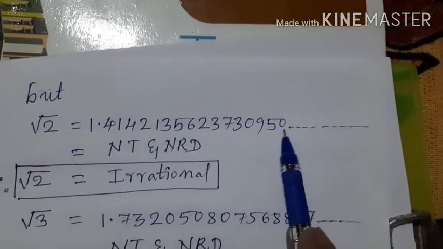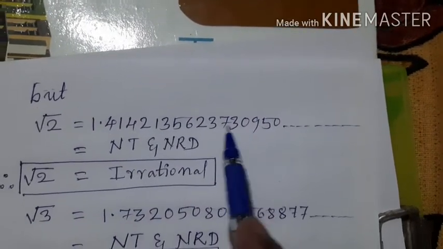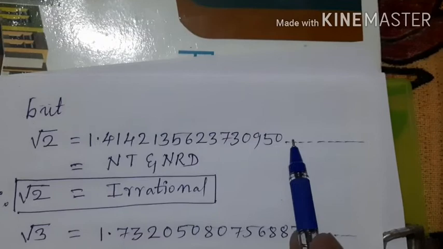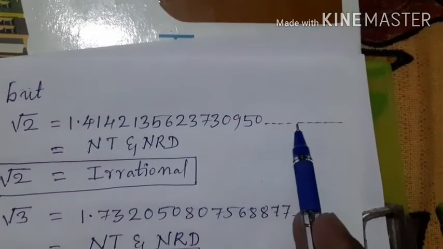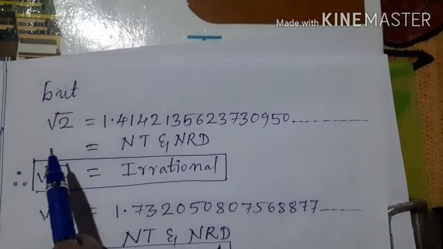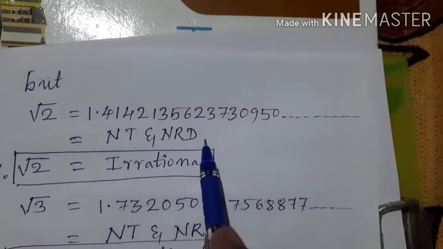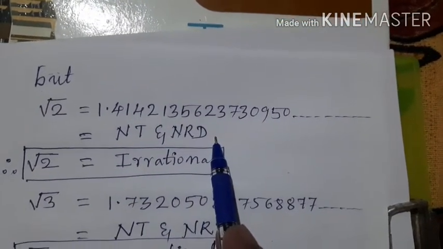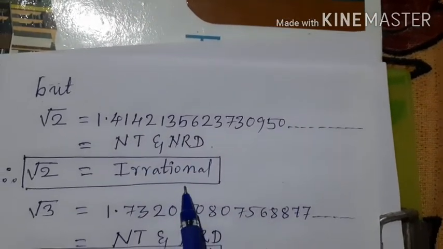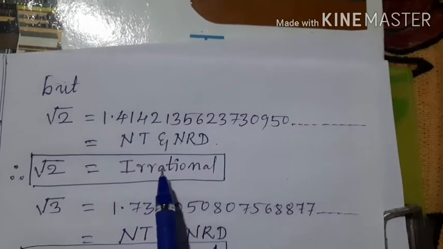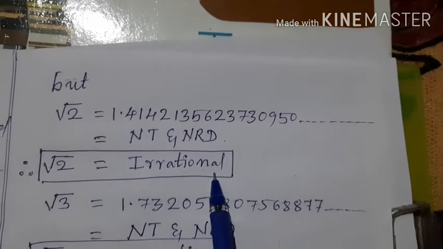Is there a single digit repeating? No. Is there a group of digits repeating? No. So children, it is a non-recurring decimal. And altogether root 2 is a non-terminating and non-recurring decimal. But we have learnt in our previous classes that a non-terminating and non-recurring decimal is an example for irrational number. That is why root 2 is irrational.